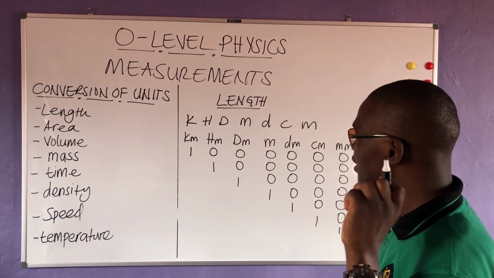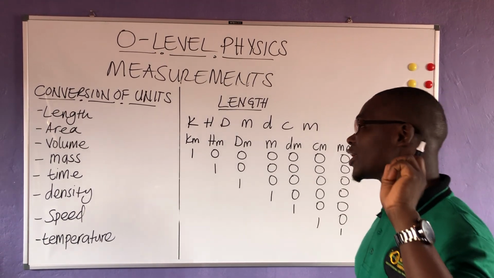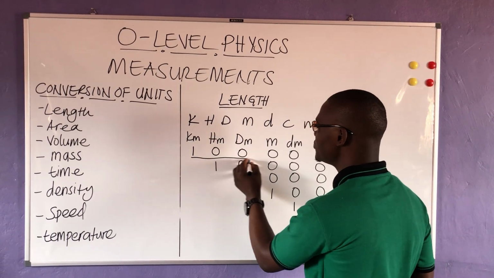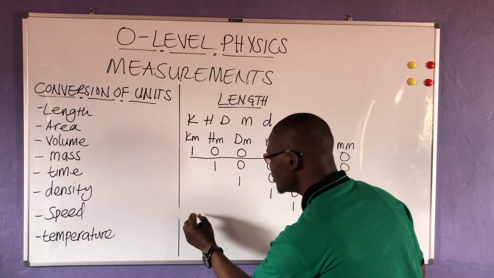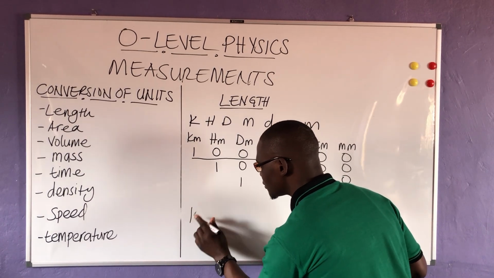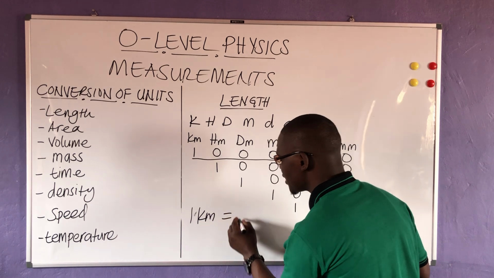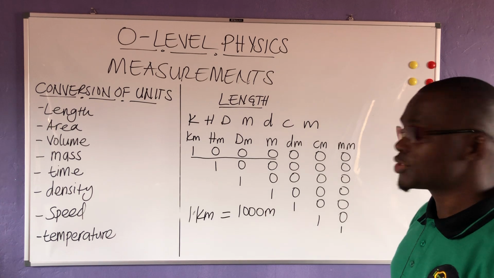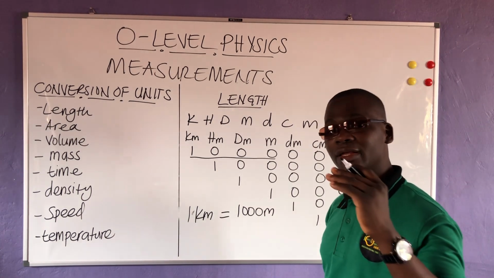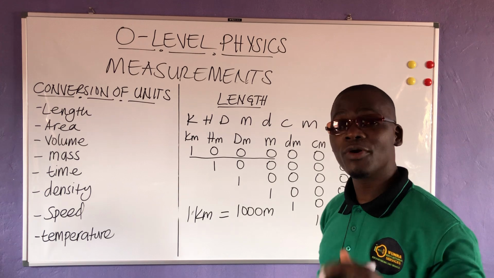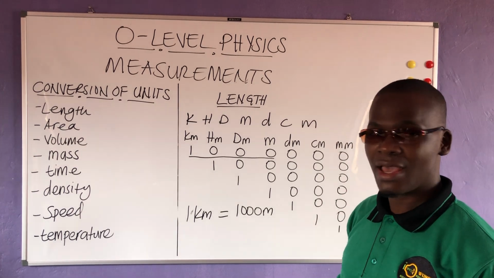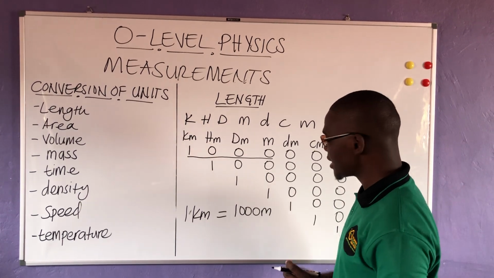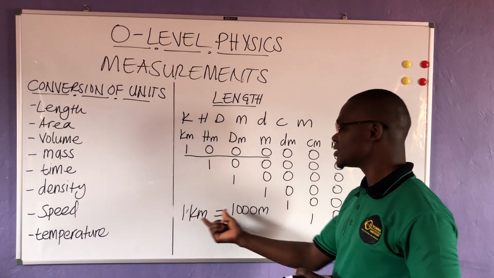For instance, if I'm converting from kilometer to meter, meaning that 1 kilometer is equivalent to 1,000 meters. So if I'm converting from kilometer to meter, I'll always multiply by 1,000. But from the same relationship, I can also convert from meter to kilometer.